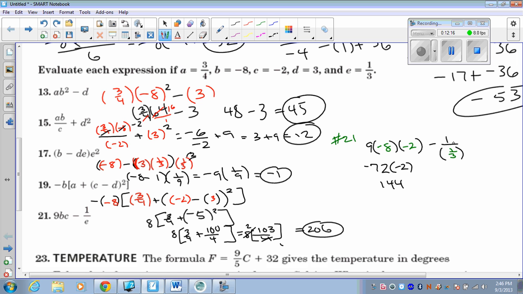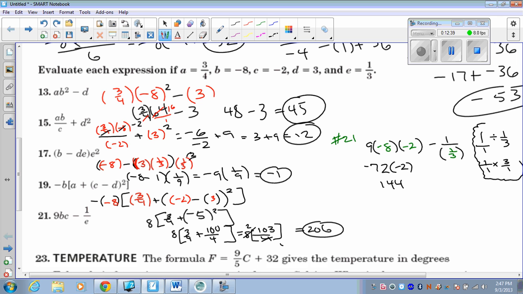Alright, here's a little tricky thing. They got a fraction divided by a fraction. Here's a little rule. Really, think about 1 divided by 1/3. If I wrote it that way, it might look a little prettier. 1 is like 1 over 1. When you divide by a fraction, you might not remember this rule. That's the same as multiplying by the reciprocal. So I can just flip that upside down.